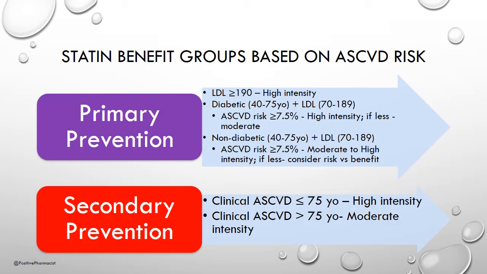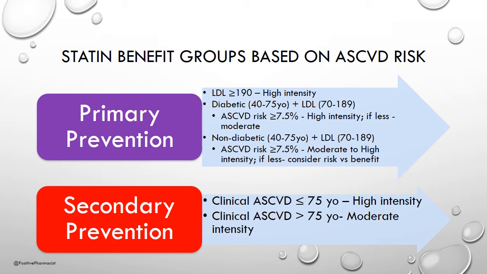When we're looking at patients, we want to put them into one of four main categories, called statin benefit groups. These are based on their ASCVD risk, and the ASCVD risk is looking at the 10-year risk of a patient having either a transient ischemic attack, a stroke, a peripheral artery disease, any of those types of things in the next 10 years.